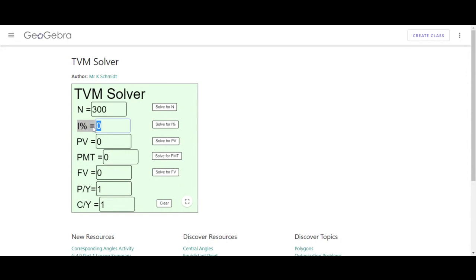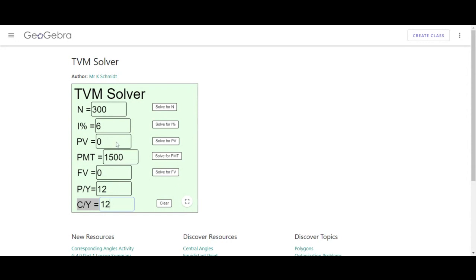I, we said, was 6. PV is what we're looking for. PMT was 1,500. FV we leave as 0. These two we said are both equal to 12, right? And they're always equal to each other, in this class at least. Theoretically they don't have to be, but for this class we'll keep them the same.